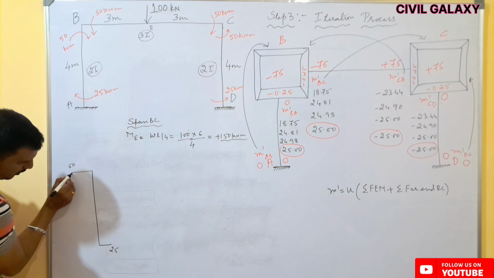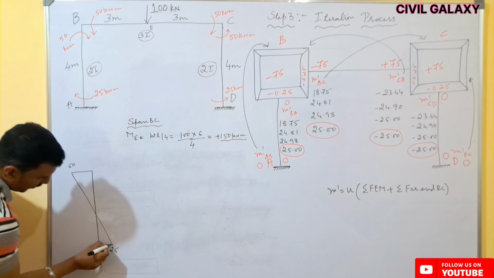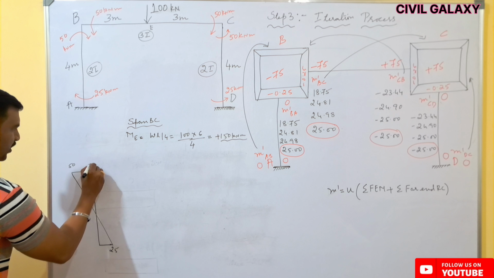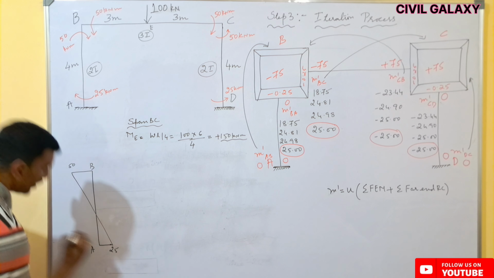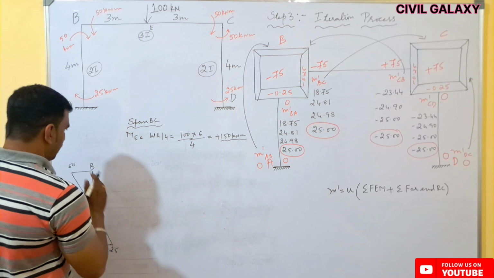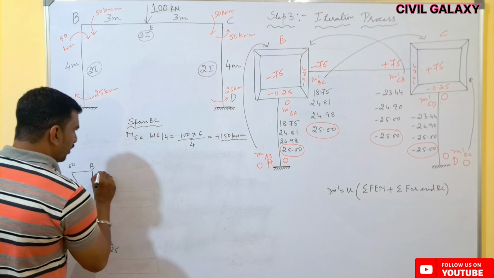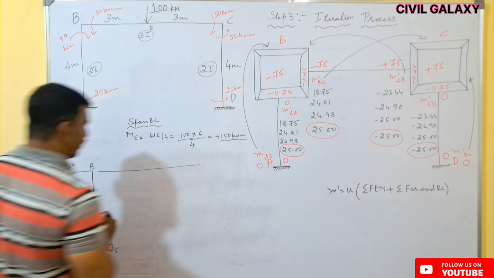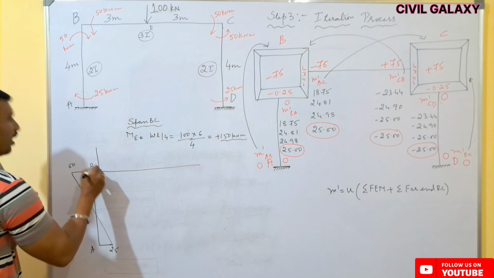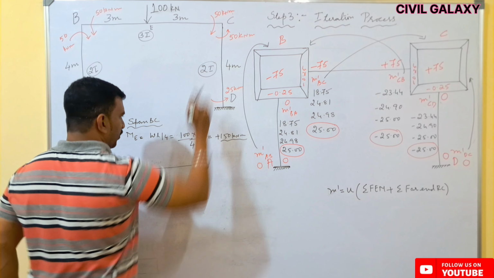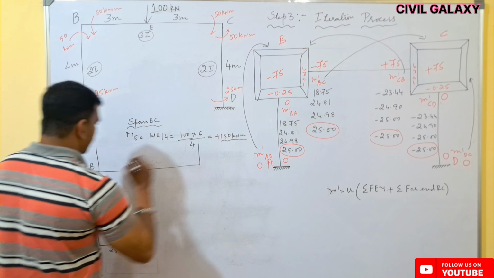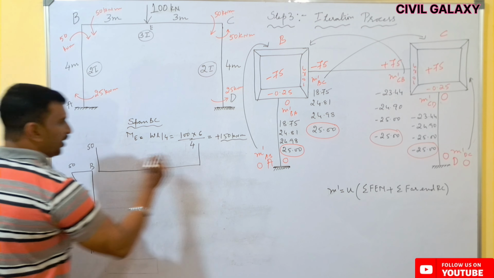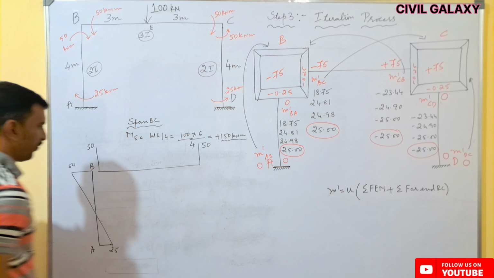We can write it this way, for member A to B, this is B and this is A. For the span B to C, we have 50 here and 50 here.